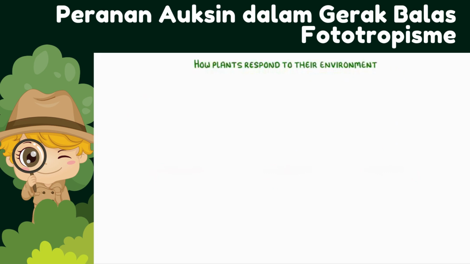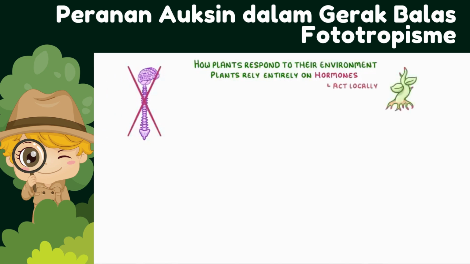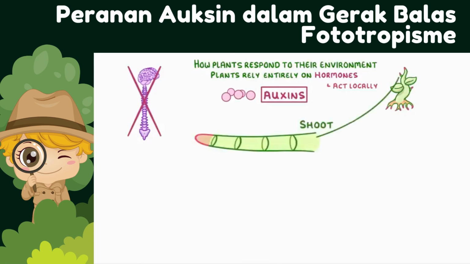In order to do all of this stuff, plants have to rely entirely on hormones. They don't have any nervous system like animals do. And the hormones that they do have normally act locally, rather than flowing around the entire organism like they would in animals. One group of these plant hormones are the auxins, which control growth at the ends of the shoots and the roots.